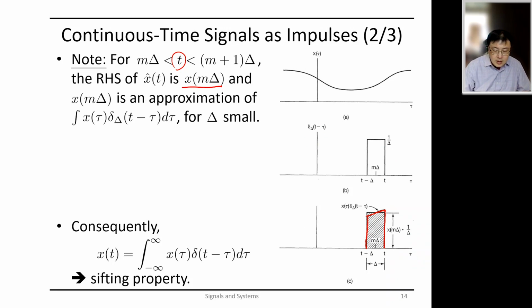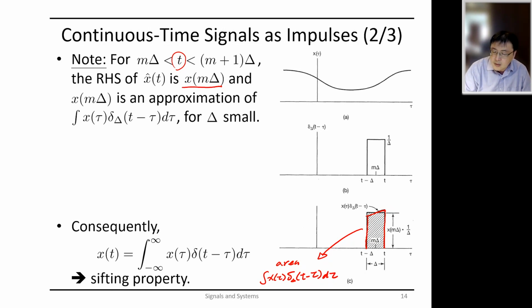So this area, which is the integral of x of tau delta sub delta of t minus tau d tau, is approximated by the area of the rectangle, which is x of m delta times 1 over delta times the duration, which is delta. And this is just x of m delta.